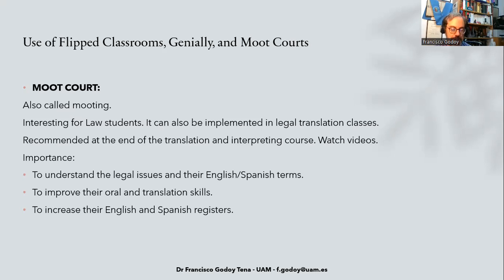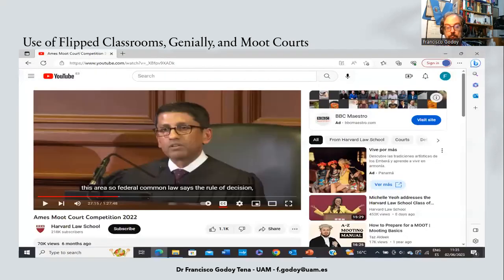Sometimes they should be aware that they need to increase and enhance their possible register in legal English and Spanish too, so they can actually translate and interpret efficiently in every document. And then, of course, they can see in context the comparison that we saw at the very beginning with flipped classrooms, with the common law and civil or continental law.